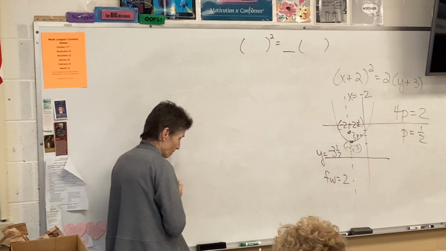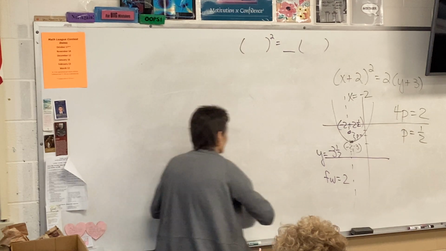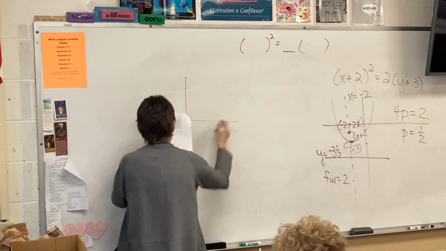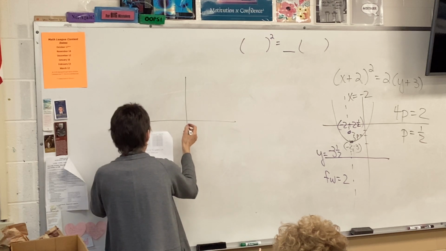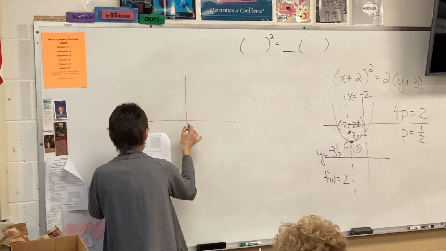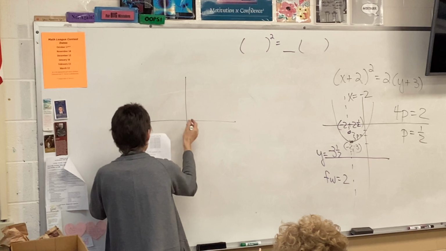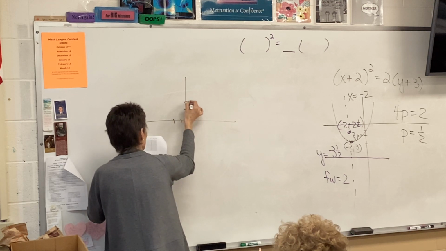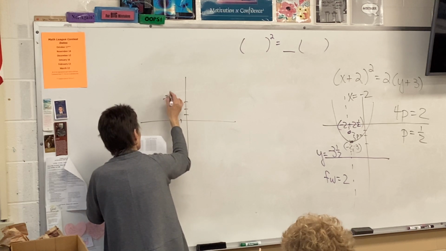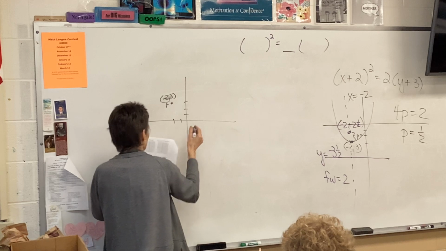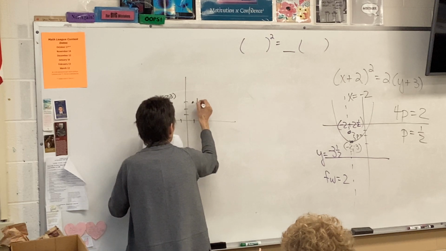What's our given? I have a focus at -2, 3. That's my focus. And I have a vertex at 1, 3.